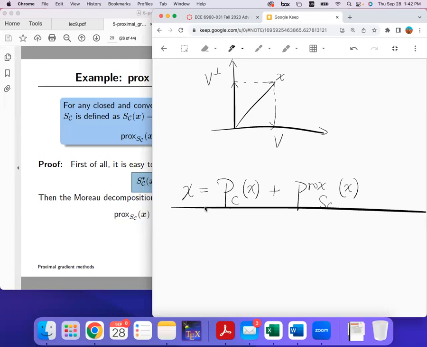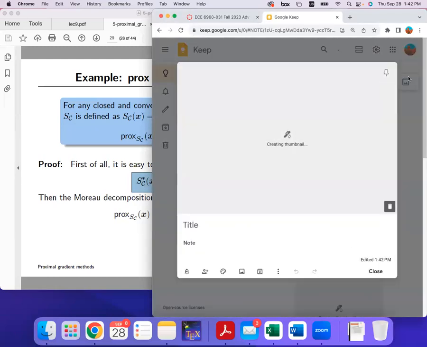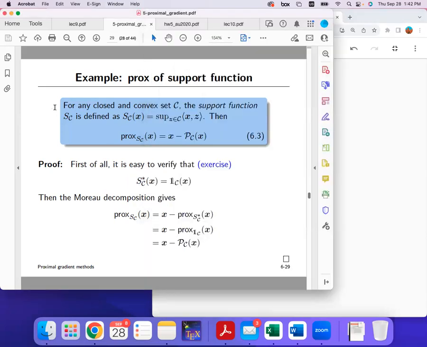Now maybe we can follow the definition of the conjugate function. We can quickly do this as a practice.